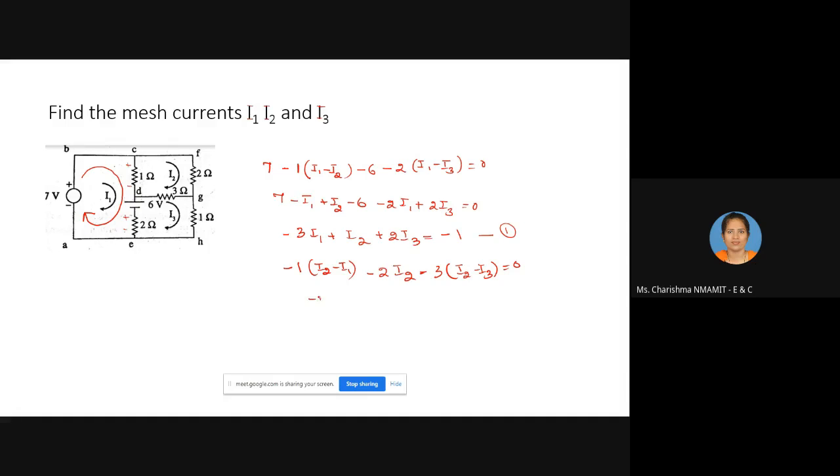So minus 3 into I2 minus I3 equal to 0. Or minus I2 plus I1 minus 2I2 minus 3I2 plus 3I3 equal to 0. That is I1 minus 6I2 plus 3I3 equal to 0.